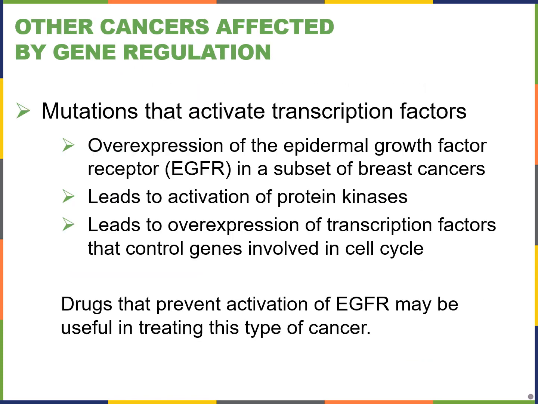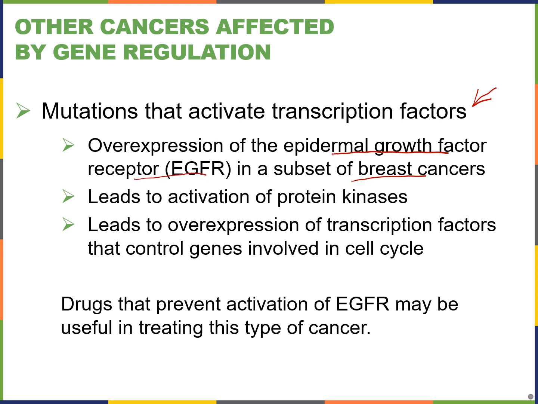We can also have mutations in the DNA that turn out to activate transcription factors and promote the cell cycle when they're not supposed to. One example is in a certain subset of breast cancers, there is a mutation that causes the overexpression of something known as the epidermal growth factor receptor.